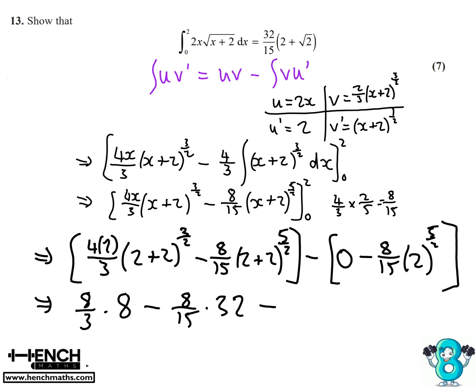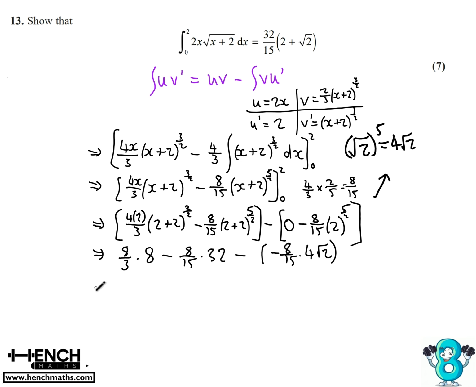So 2 to the power of 5 over 2, that is the same as the square root of 2 to the power of 5. So the square root of 2 squared is 2. Square that, so the power of 4 would be 4. And then got another one, so that's 4 root 2. So down here, we're going to get negative 8 over 15 multiplied by 4 root 2.